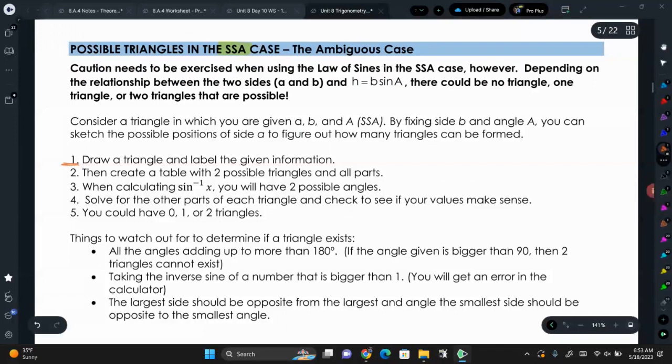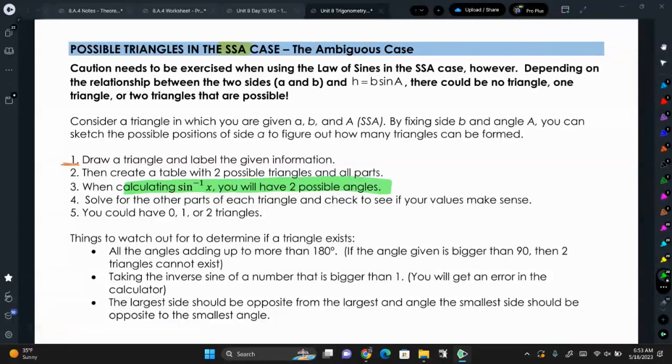When we calculate the inverse sine, that means we have two possible angles. Some people get confused and say, how do I know if this is the ambiguous case or not? Anytime you are using the inverse sine function to solve using the law of sines, this is going to be the ambiguous case. Then you're going to solve the other parts of the triangle and see if it makes sense.